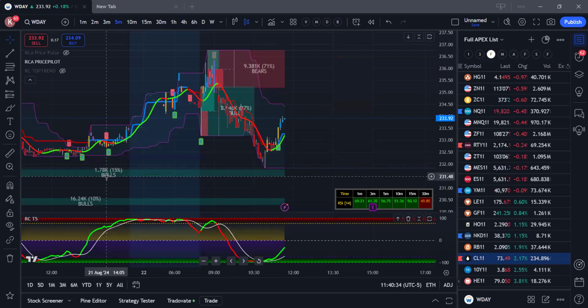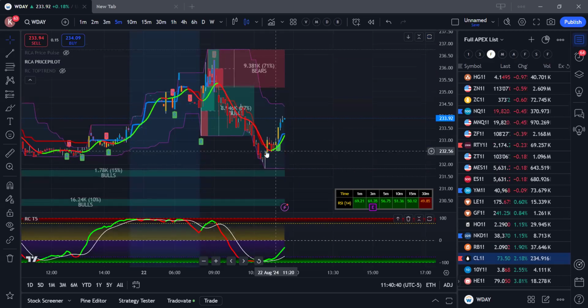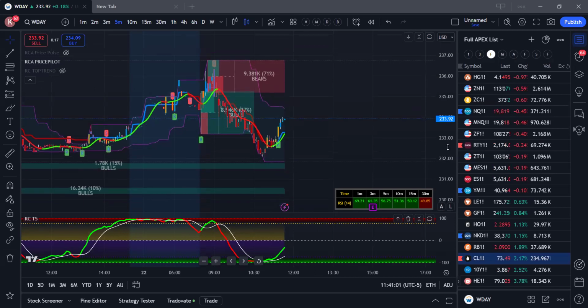There are nearly 1.78K bulls. It touched this and started moving up. So there is a chance for it to go all the way till $236. Again, if you don't want to take the risk, you do a bull put spread. You sell the 235 put and buy 232, 230, something like that. Or if you are okay to take a little risk, you can buy the 230 call or 235 calls.